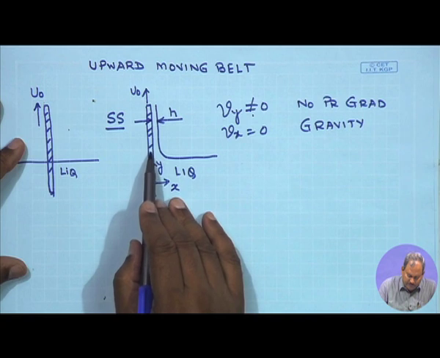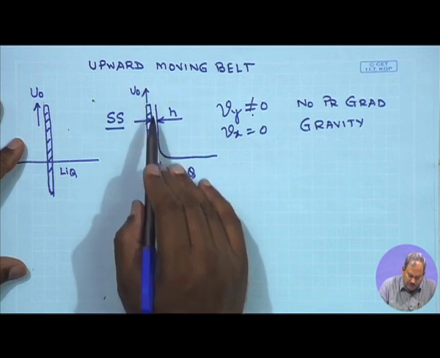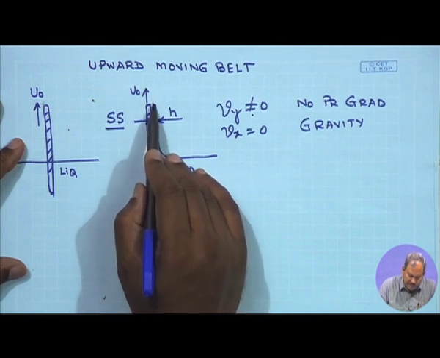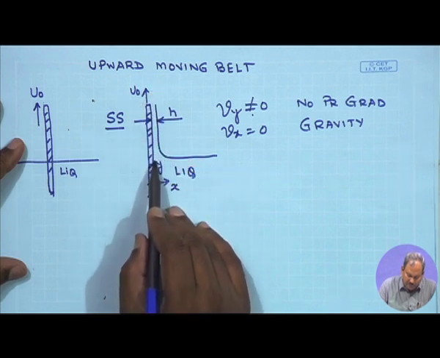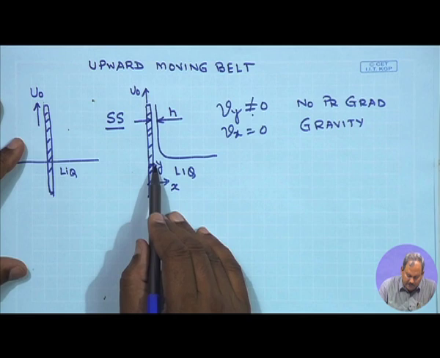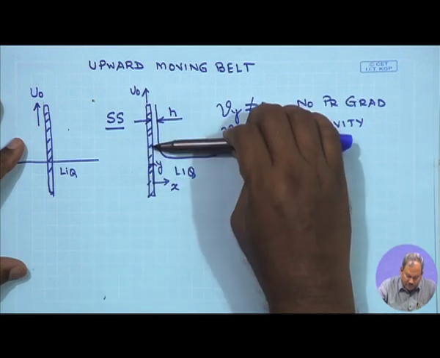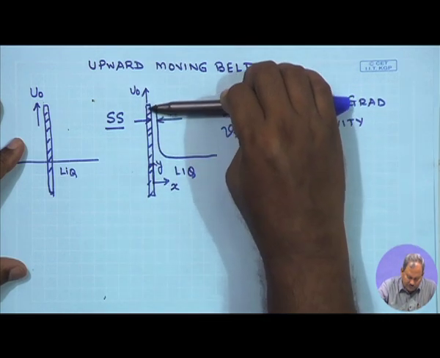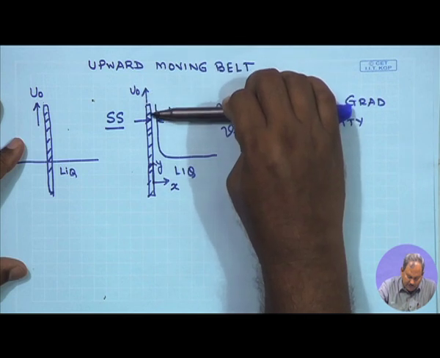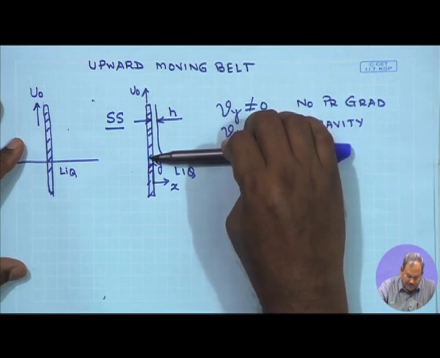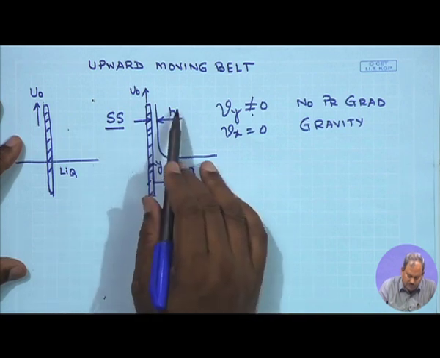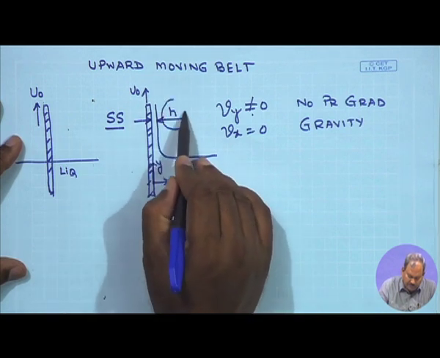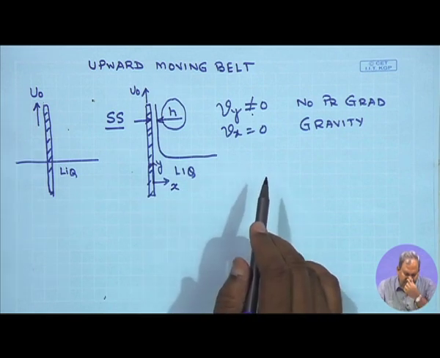So, the belt starts to move upwards and it will carry a thin film of liquid along with it, but the gravity would like to drain the liquid in the reverse direction. So, viscous forces pull the liquid up, gravitational forces tend to drain the liquid, and when a steady state is reached, let us assume that the thickness of the film is given by h.